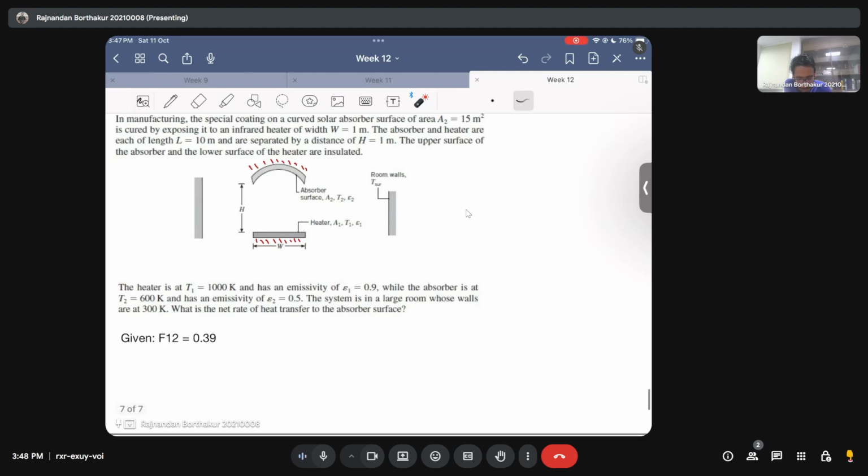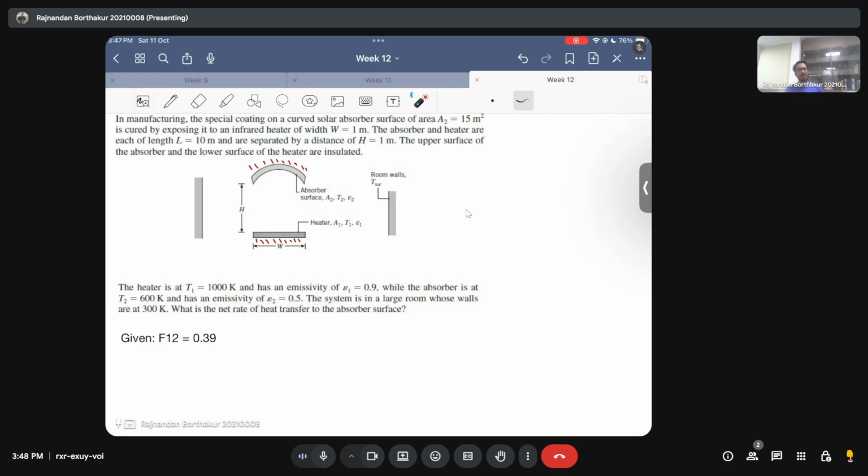The system is in a large room whose walls are at 300 Kelvin. The question asks for the net rate of heat transfer. So I hope you can realize that there obviously is going to be radiation exchange between the absorber and the heater.